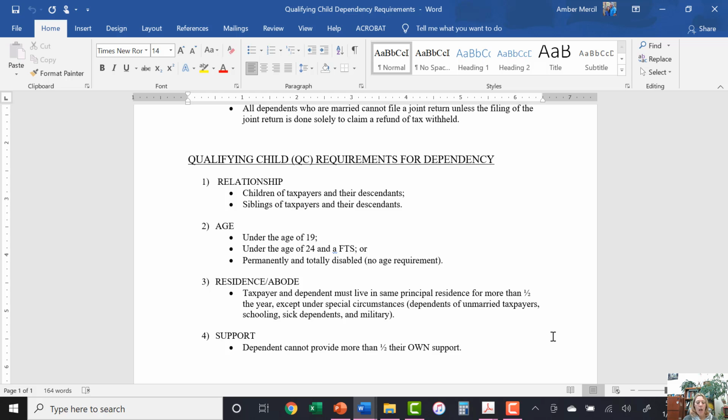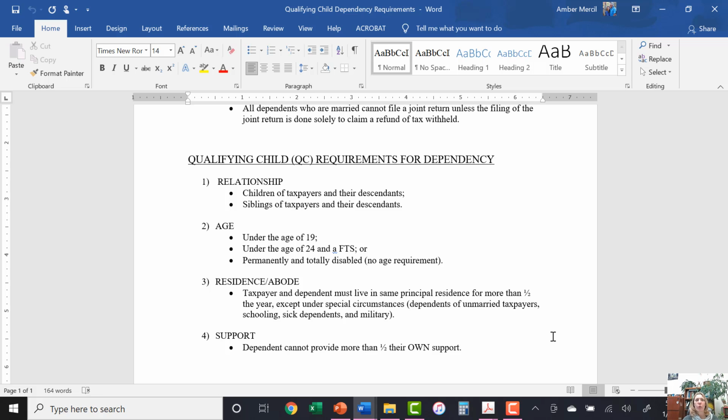So I have a 20-year-old daughter who is not a full-time student, so she wouldn't qualify as my dependent anyway, but I don't support her financially in a major way, and neither does anybody else. She supports herself. She's got her own job, her own apartment, her own car.